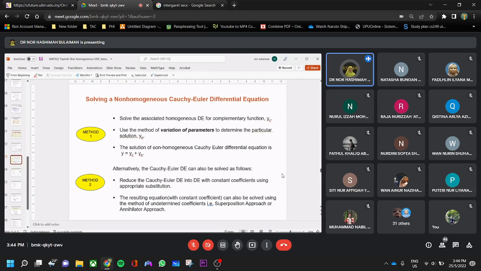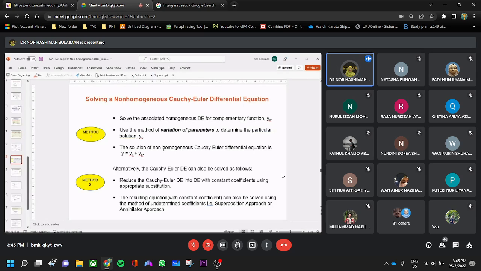Kaedah yang kedua, nak selesaikan Cauchy Euler, you boleh turunkan Cauchy Euler tu daripada differential equation with variable coefficient kepada differential equation with constant coefficient using appropriate substitution.